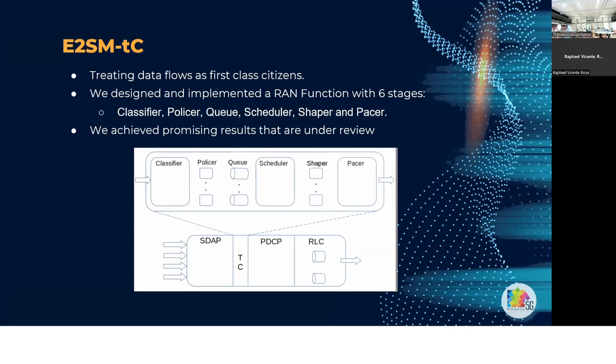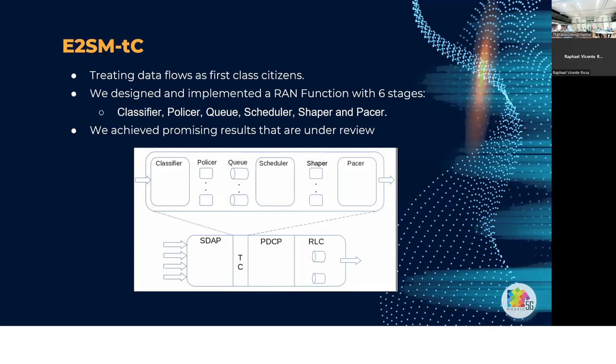You have a classifier, where you can also do deep packet inspection, DPI. You have a policer, a queuing system, a scheduler, a shaper, and the pacer, which sits between SDAP and PDCP.